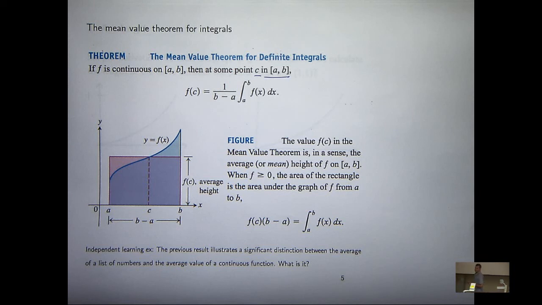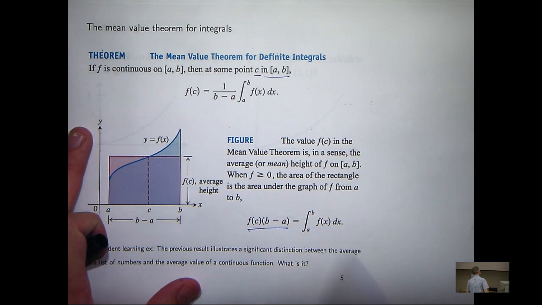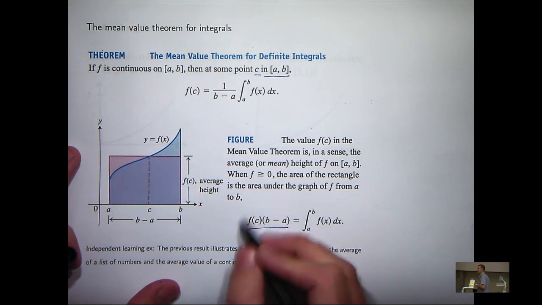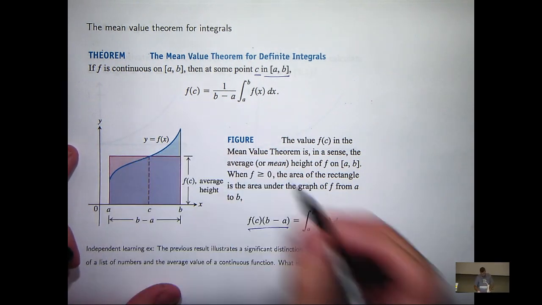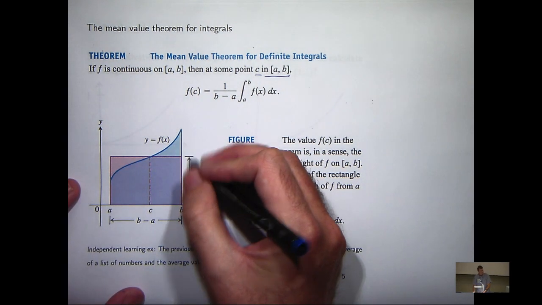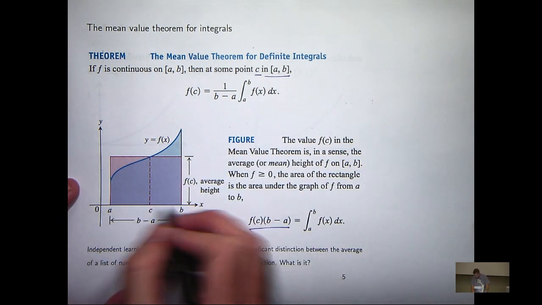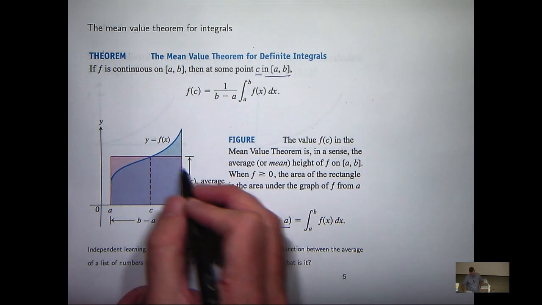Now that's different from a list of numbers. If you have 3 numbers and work out the mean, that mean may or may not be in the list of numbers. But for continuous functions, it's different. This says that a continuous function has to achieve its mean or average value. Now, getting back to the area explanation, think of this as representing the shaded pink area. f of c is the height, and the width of the box is b minus a.